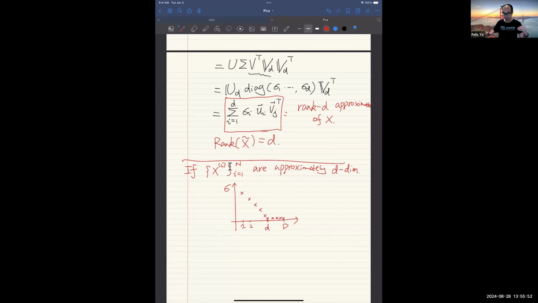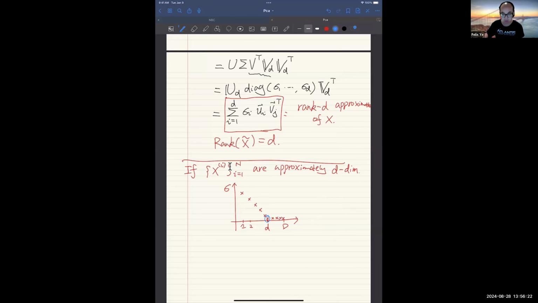We know all the singular values are greater than or equal to 0. But at small d, the singular value is already very, very small, and everything else is so small that it is close to 0, so we can say our matrix X is close to a rank D matrix.